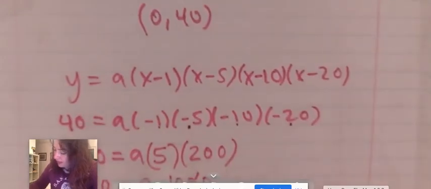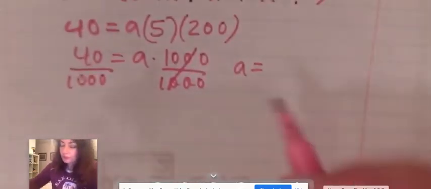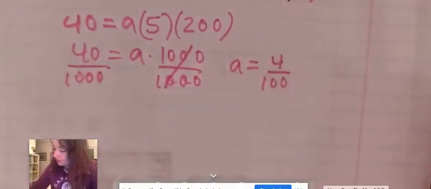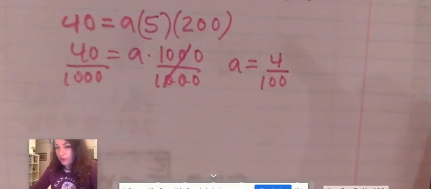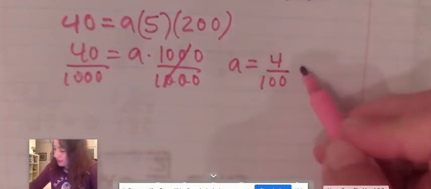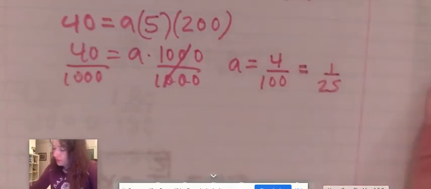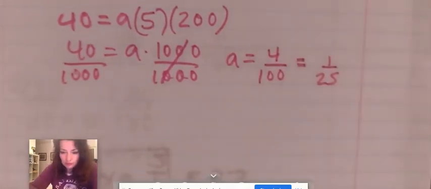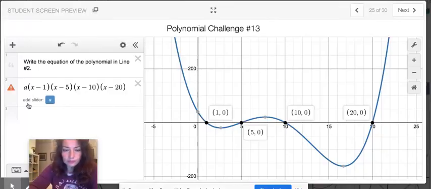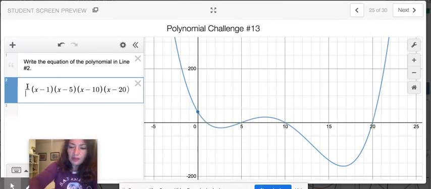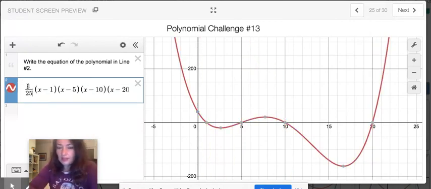And we get that a is equal to 40/1000, or 4/100. Okay, and 4/100 is the same as 1/25. So let's see if that works out. So I'm going to change this to 1 divided by 25. And it does match. So we needed to find the a value here as well.